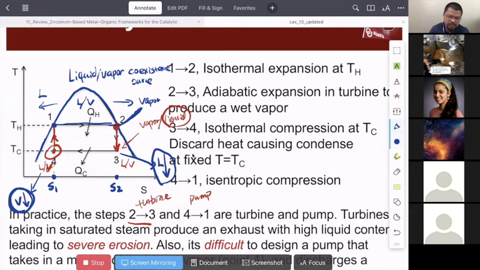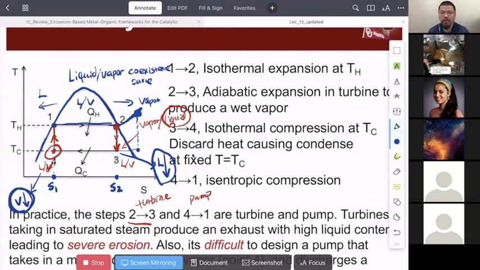Okay, so if we somehow extend the final state a little bit over here, then if we move the path down, then of course over there we are going to have a pure vapor. So you don't need to worry about the erosion or the corrosion or the reactions in the turbine process, right?